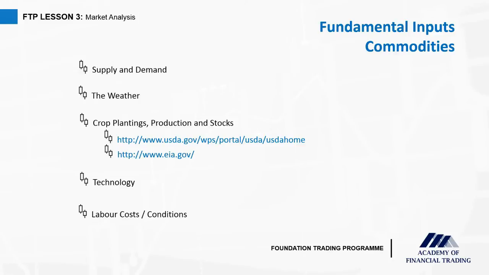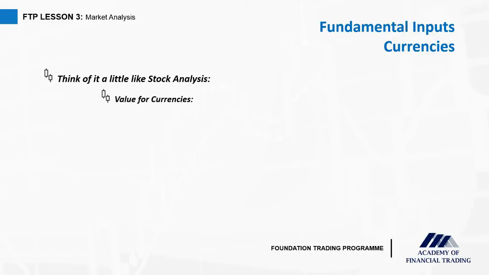So I hope that gives you a real good breakdown in terms of fundamental inputs when looking at commodities. Now let's have a look at the same inputs for currencies.